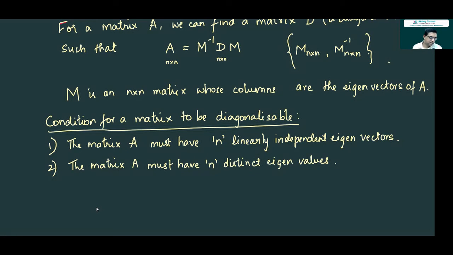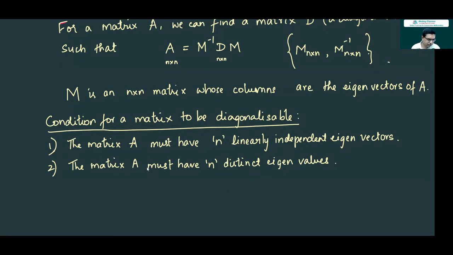All right. So, of course, if there are n distinct eigenvalues, then for them you get n linearly independent eigenvectors. But the other way it is not true. If there are n linearly independent eigenvectors, it need not be true that all eigenvalues are distinct.